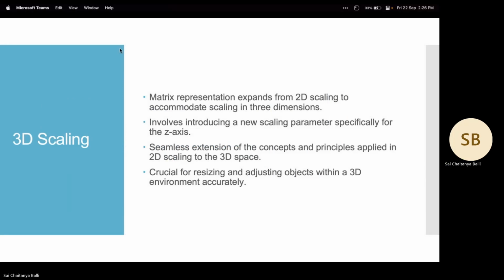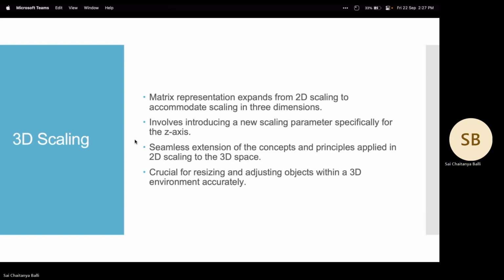So first, we have 3D scaling. What does 3D scaling mean? 3D scaling is nothing but what we have seen in 2D scaling, but here we are doing the same scaling in 3-dimensional space, where we have a new z-axis.